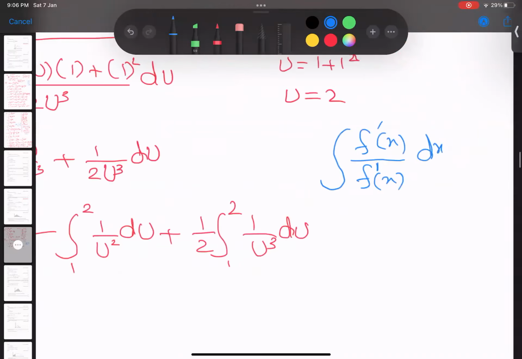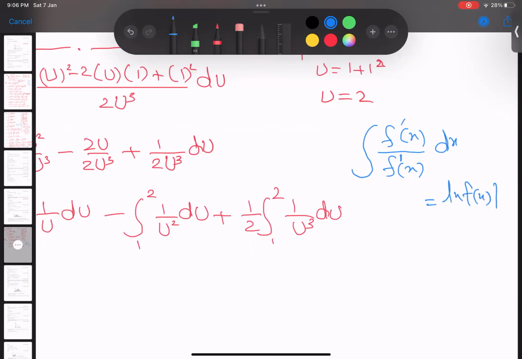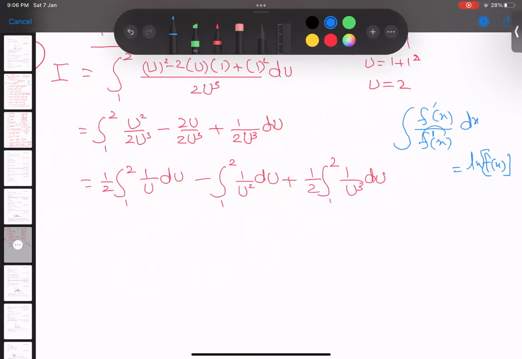Then this always equals what? Logarithm of the function. But this is applicable only when the function power is 1. Here the power of the function is 1, applicable. Here the power of the function is not 1. Here the power of the function is not 1. So this rule is not applicable in these two conditions.